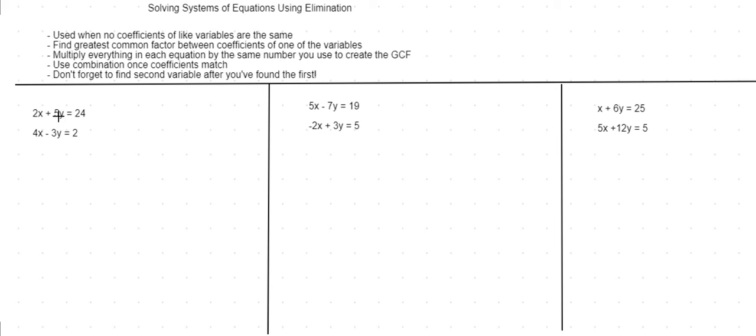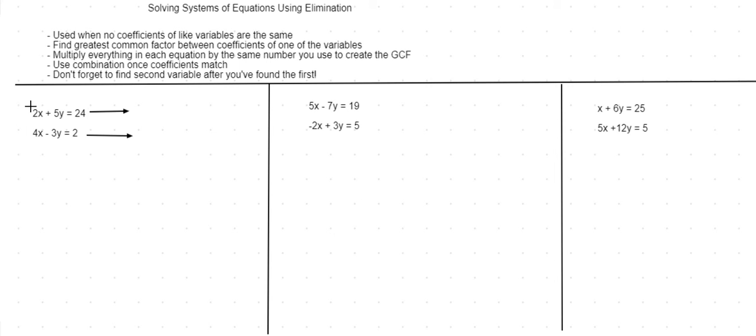In this case, when I look at these particular variables and their coefficients, the 2 and the 2x in the first equation can go into the 4 and the 4x in the second equation. So that makes it an easy change for me because I only have to change this equation to an equivalent. The other one can stay. So what would happen is I would then tell myself, all right, well, what do I multiply the 2 by to make it 4?